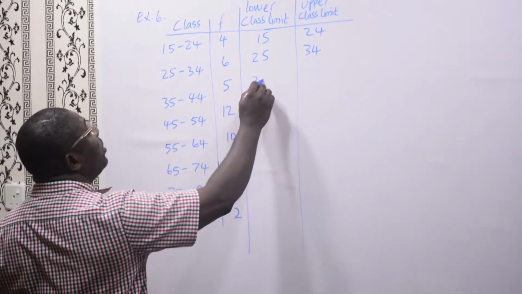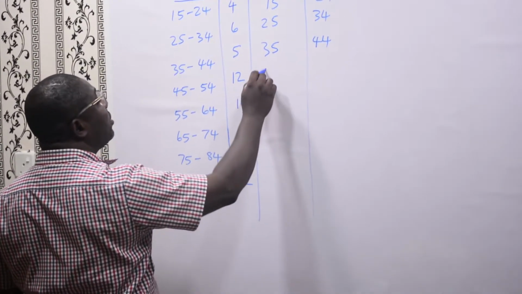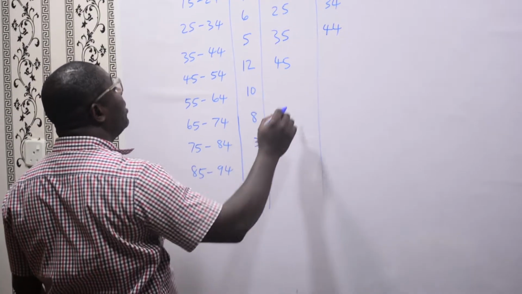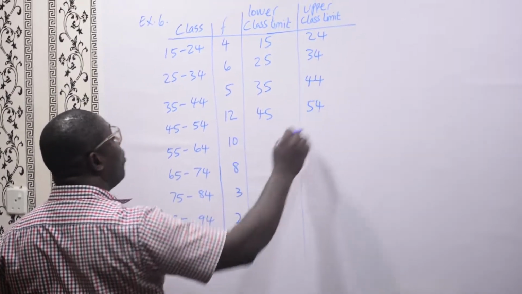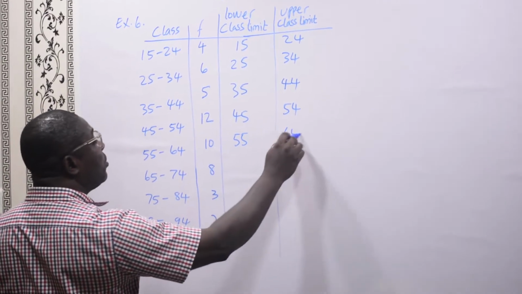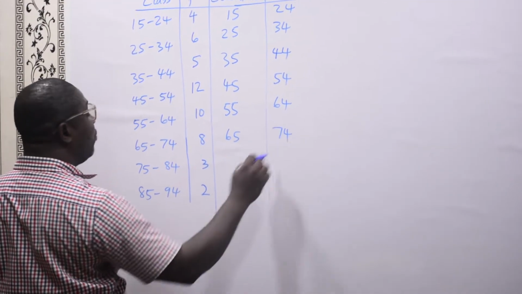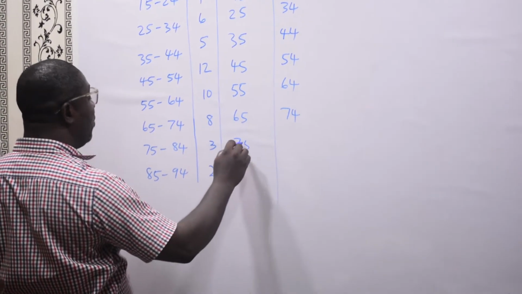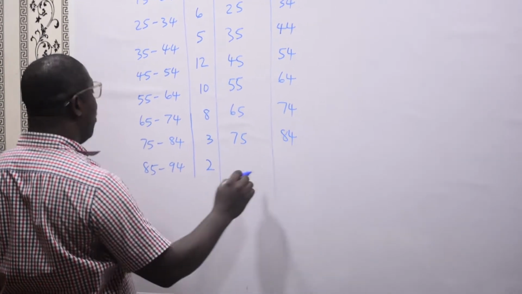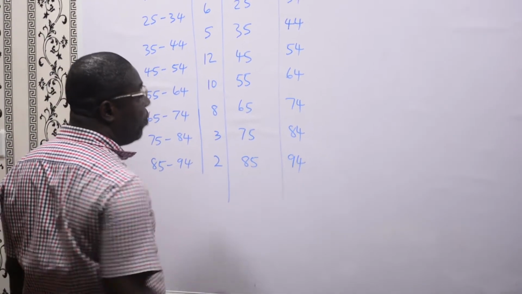So for this one, it's 35 and 44. For this class, it's 45, that's the lower class limit, and we have 54. We have 55 and 64. We have 65 and 74. We have 75 and 84. And we have 85 and 94.